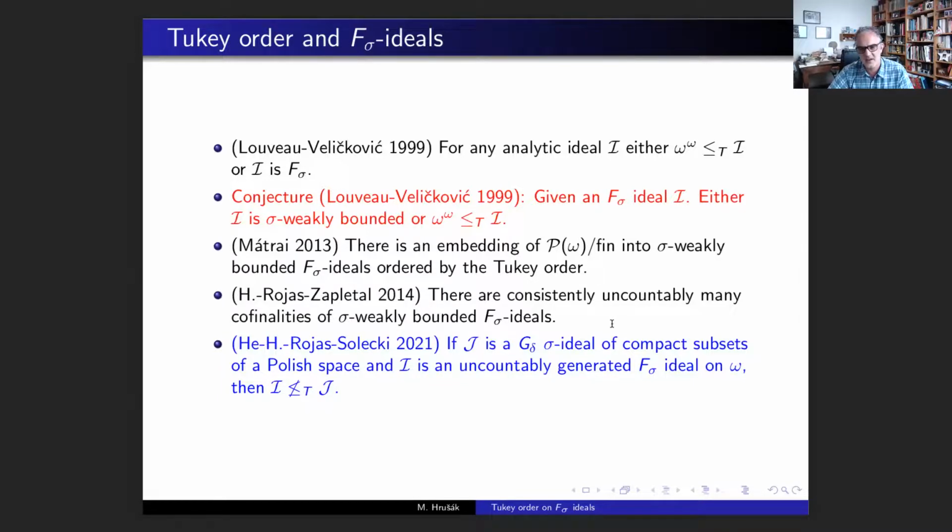In particular, if we take a G delta sigma ideal of compact sets, then there are no F sigma ideals below it in this Tukey order, unless it's trivial. I mean, the ideal is countably generated, that means equivalent to omega. So there is nothing F sigma below any sigma ideal of compact sets.